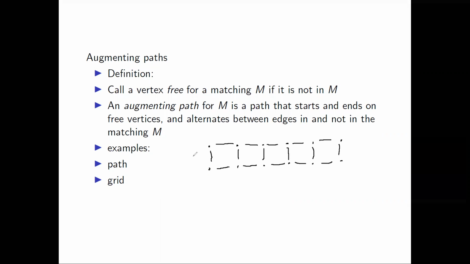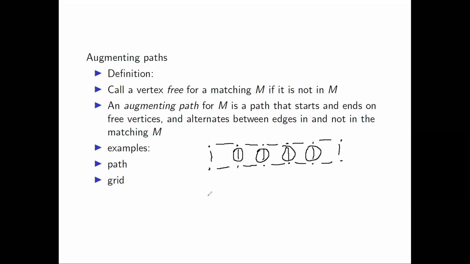Okay, and we're gonna take a matching here. Actually, I'm gonna take a slightly different matching. I'm gonna do this one. I'll leave those outer ones out. Okay, now let's find an augmenting path on this one.